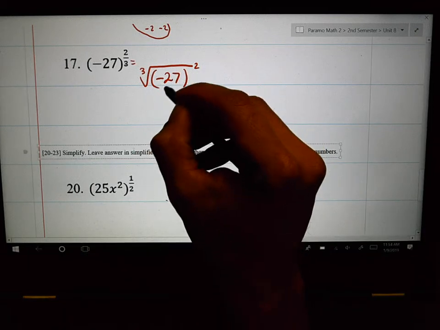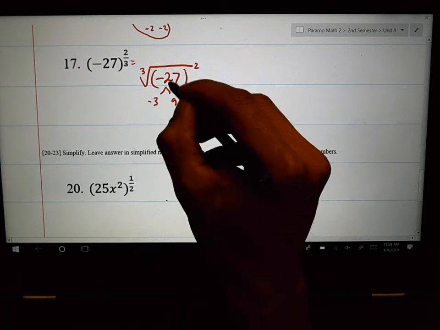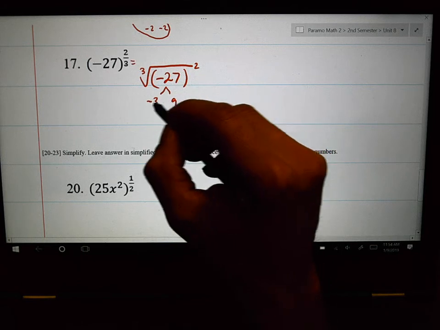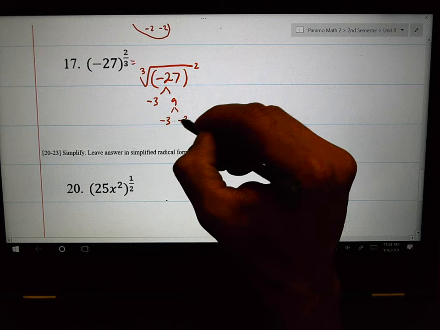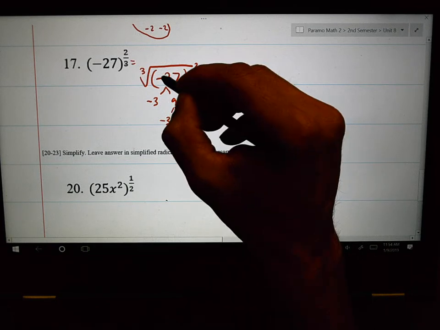Let's do that real quick. Let's pull out a -3 times a +9 makes a -27. We always double check. And the only way to get 3 factors the same is I have to get a negative times a negative to equal the +9. Once you split it, you don't use it.